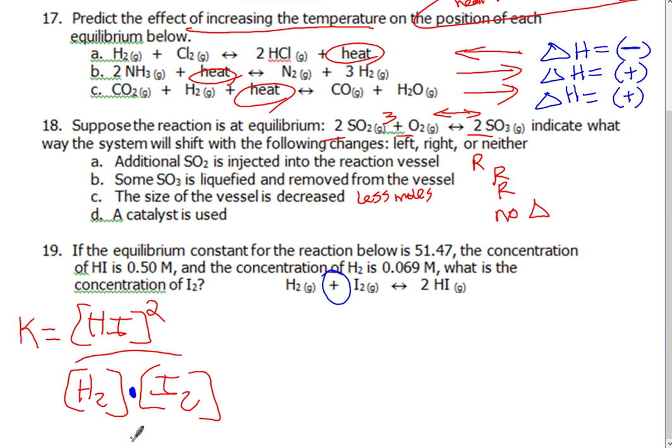Now that we've got the setup, we're going to plug the numbers in. Do we have a value for K this time? We do, yeah. 51.47. What else do we have values for? The concentration of HI is 0.5.